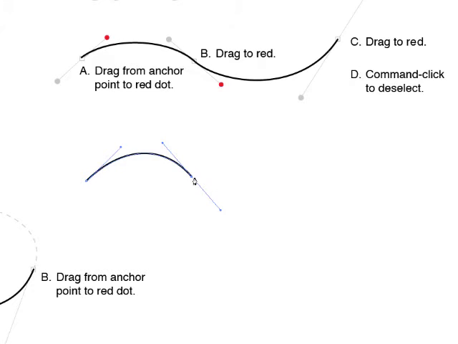Undo. I need to redirect the direction it's going. And to do that, I could go to the toolbox and grab the Convert Anchor Point tool, or simply hold down the Option key, grab the end of the handle, and move it in the direction I wish that curved line segment to go. Now when I release and go back to the pen tool, I can create the curve that goes in the opposite direction that it normally would.